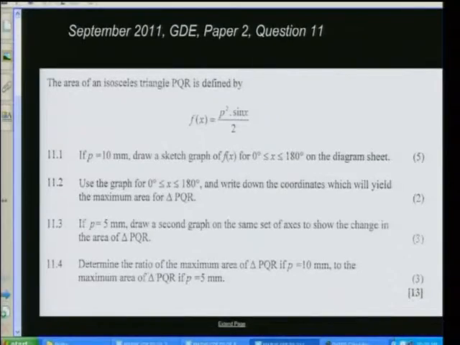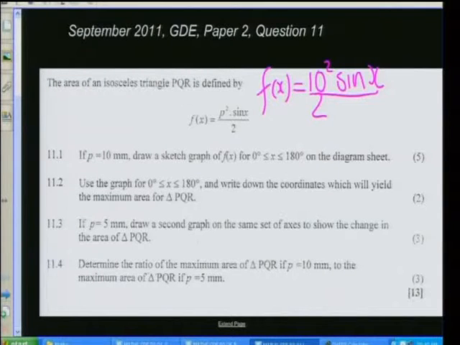And I think then it will be a little bit less of a mystery. So let's see. F of x is equal to 10 squared sine x over 2.